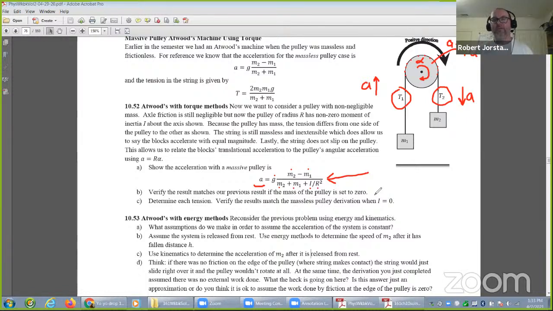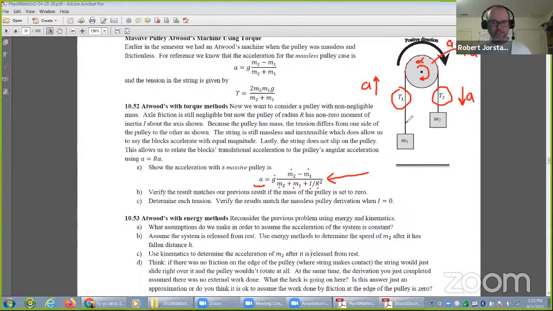And so the issue is this. Remember, if the pulley has mass, the tensions are different. If the string doesn't stretch, the accelerations are the same. If the string has no mass, the acceleration is constant because you have the same amount of mass on each side of the pulley.